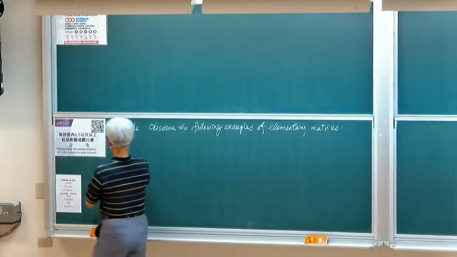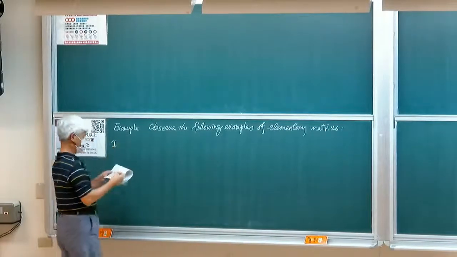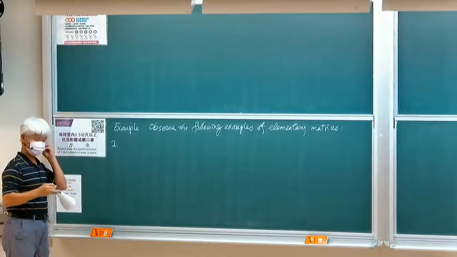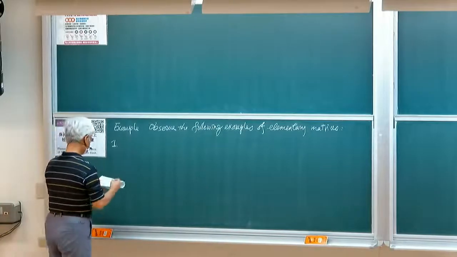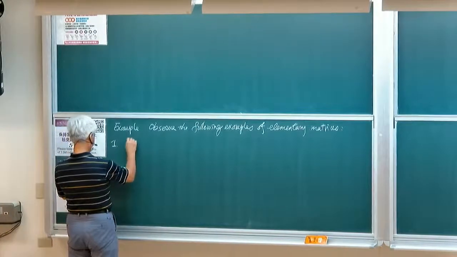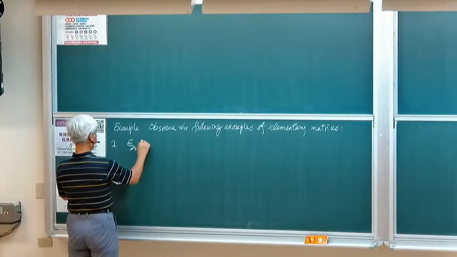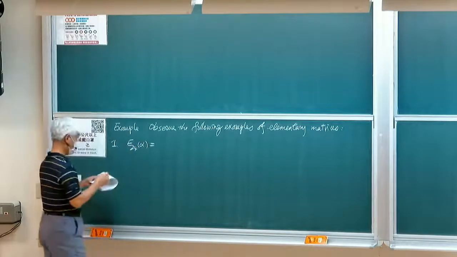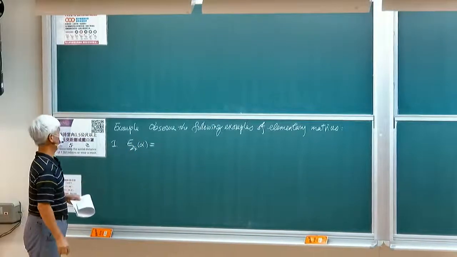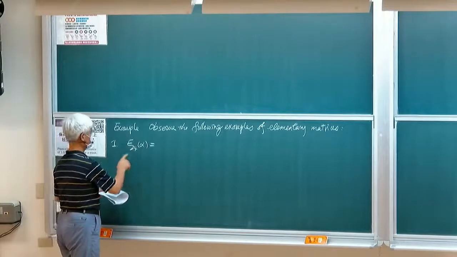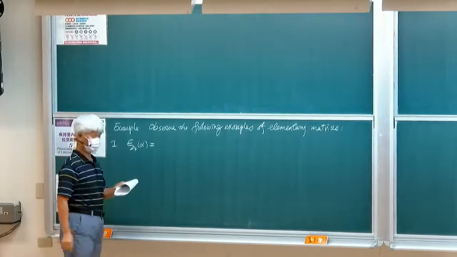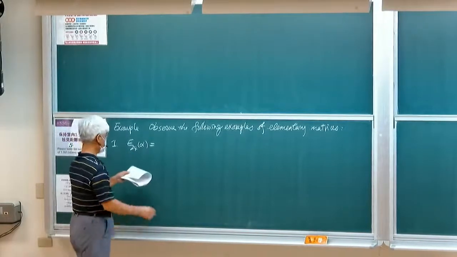Okay, the first type corresponds to replacement row operations. So, for example, we add a multiple of the first row to the second row.